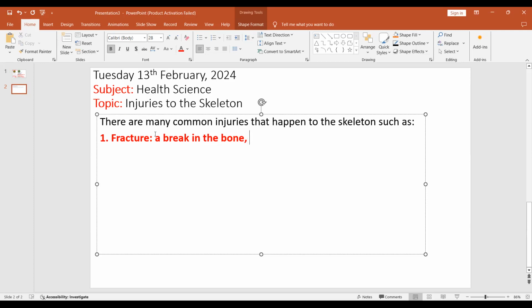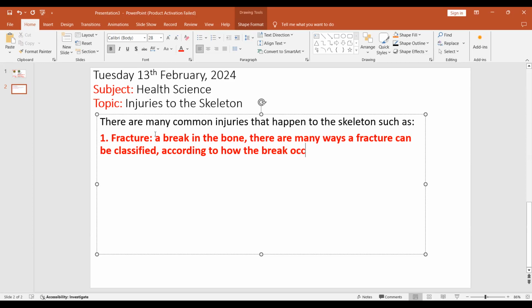Now there are many ways a fracture can be classified: according to how the break occurs, the direction of the break, the number of breaks, and so on.